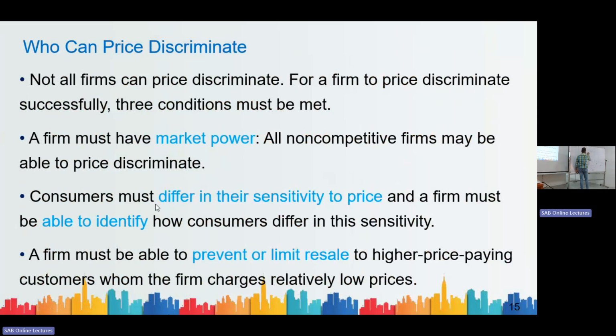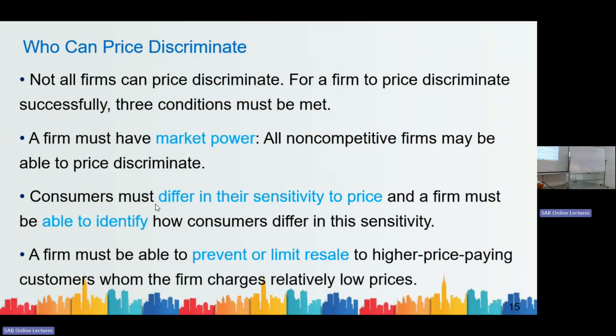Even though price rises more, there won't be any significant change in quantity demanded. So firms should identify how different consumer groups differ in terms of their price sensitivity. This is one example.